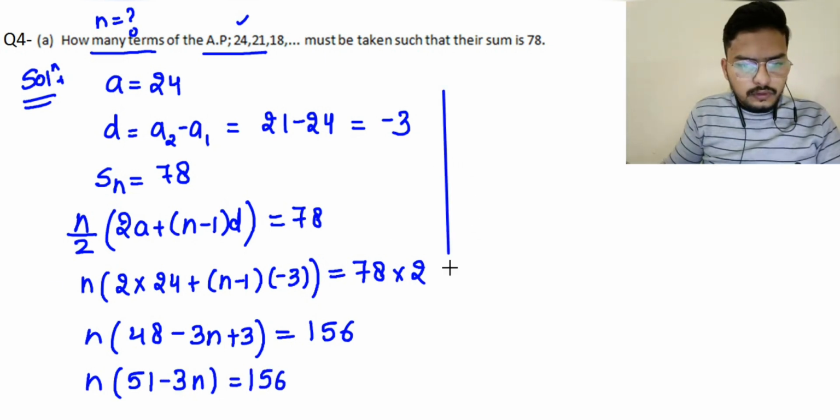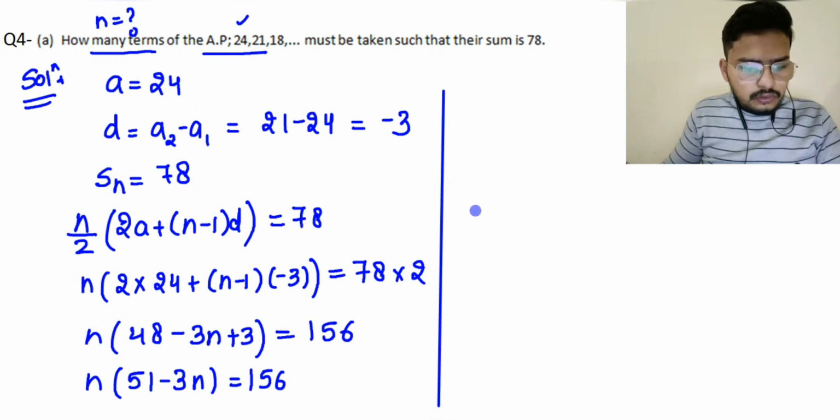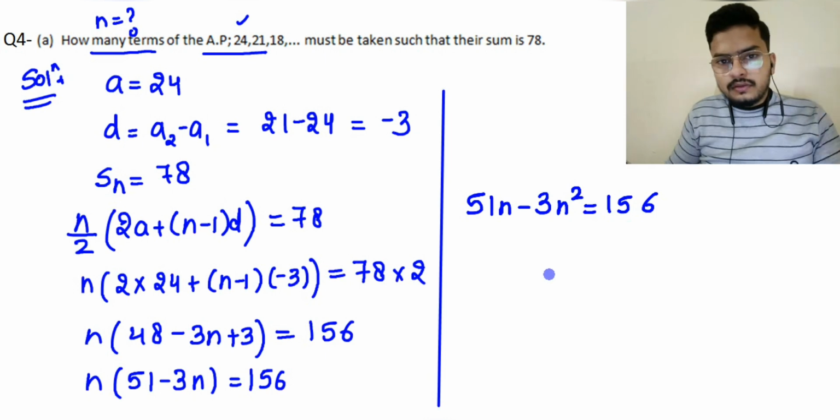Now solve a little more, and you will get 51n minus 3n square equals 156.